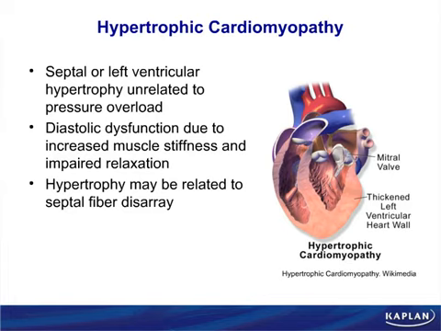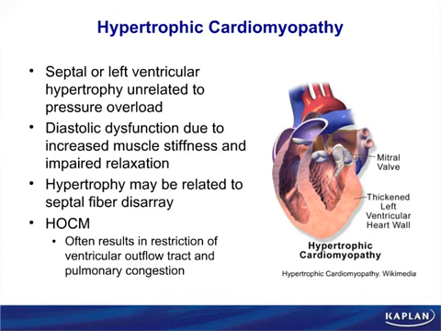Now, you can also get a hypertrophic obstructive cardiomyopathy. That's what HOCM stands for. And this is because we call this an outflow obstruction because the aortic valve and just distal to the aorta gets compressed by this hypertrophied septum.